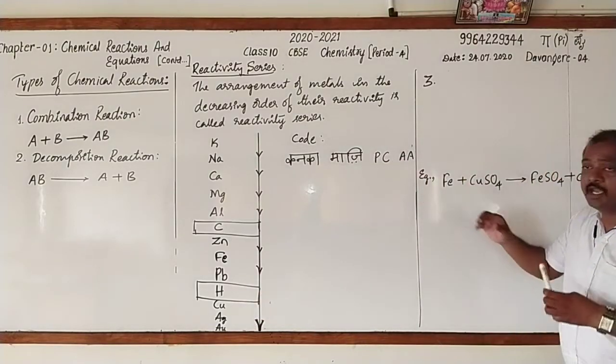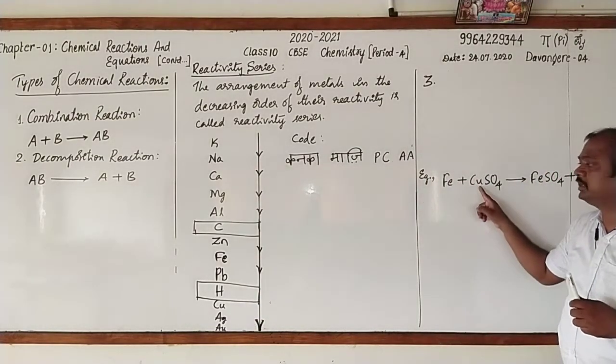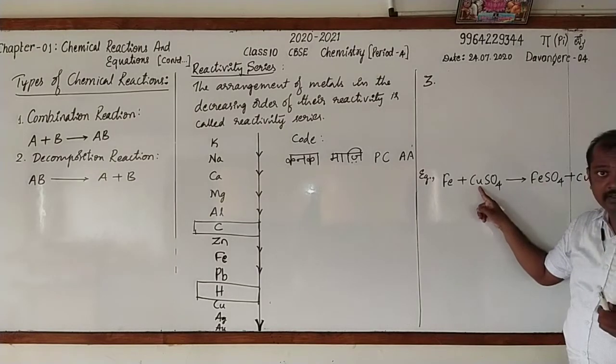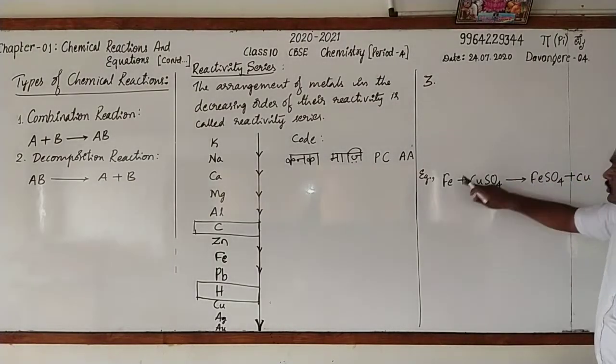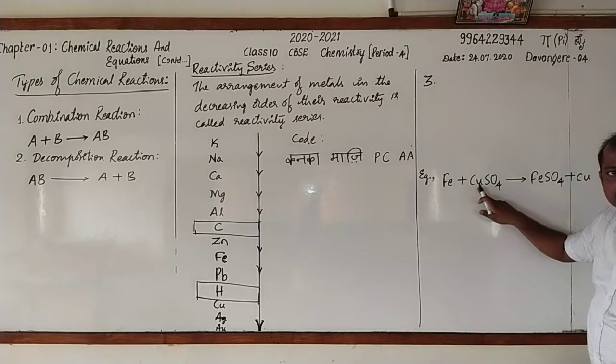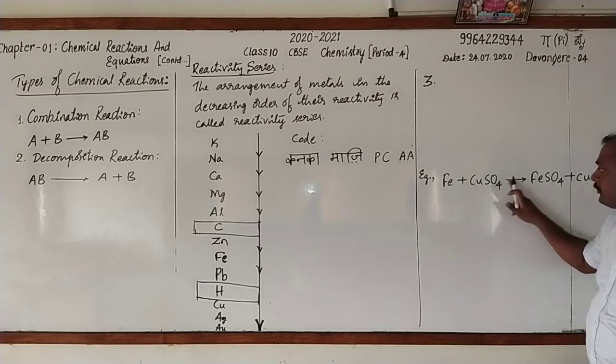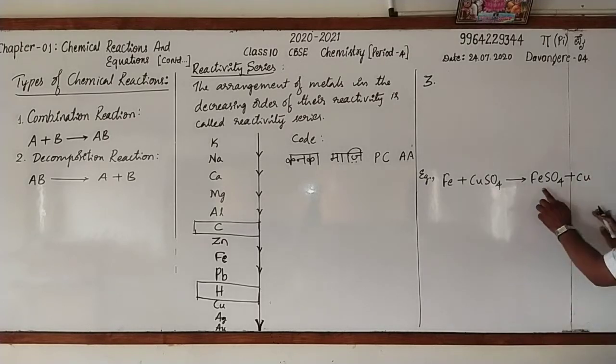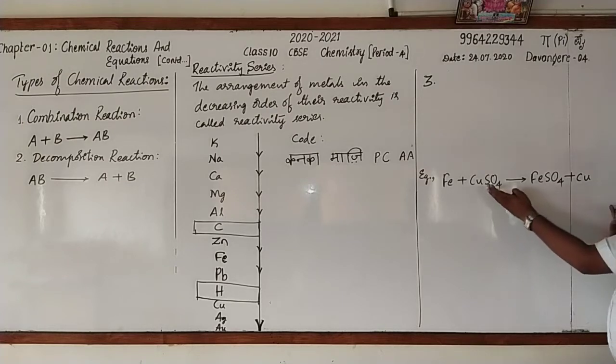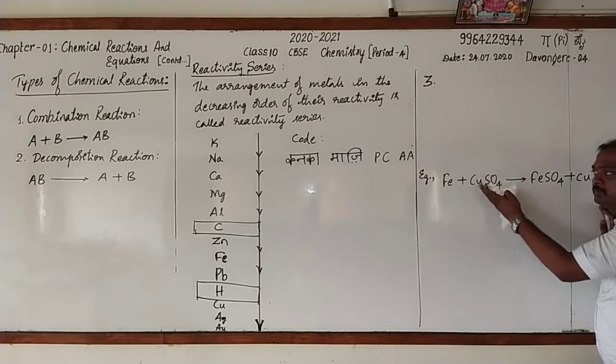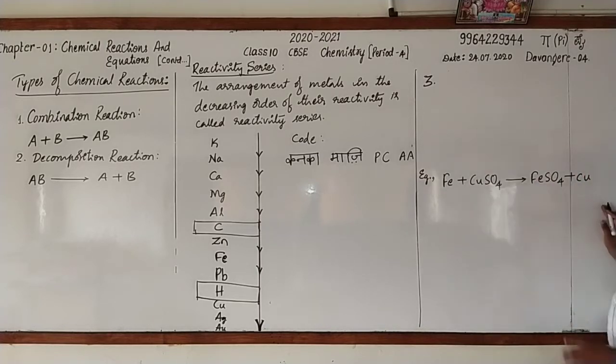Hence, it can take the position of the copper. Clear? So, iron displaces copper from copper sulfate. Then it becomes iron sulfate. Then copper gets separated. Why does copper get separated? Because it is less reactive, it has been removed by iron.